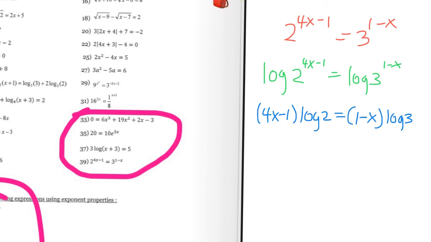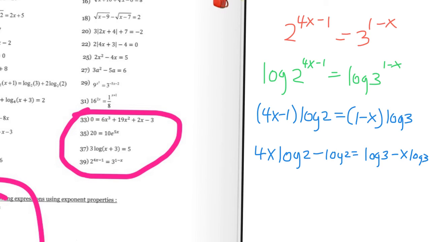I'm now tempted to distribute the logs into the parentheses, so this becomes 4x times log 2 minus log 2, and that equals log 3 minus x log 3.